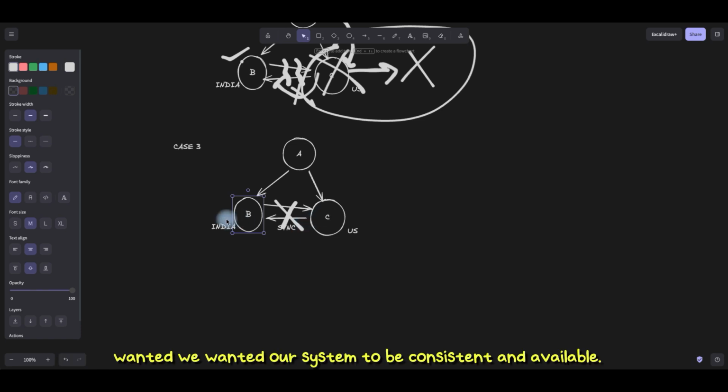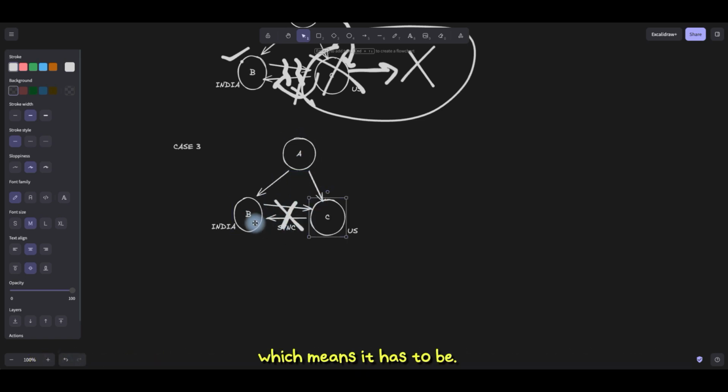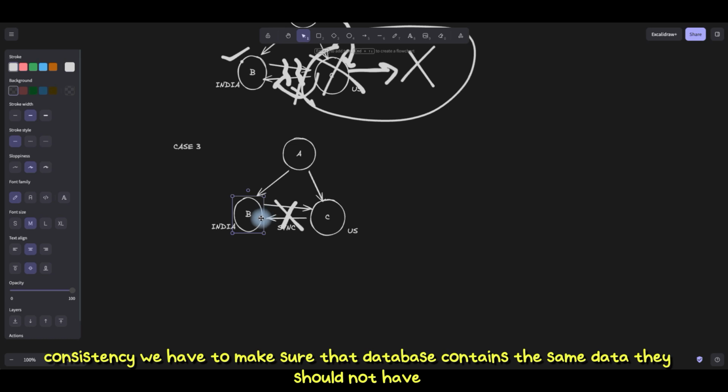What we wanted was our system to be consistent and available. Available means all the nodes should be up. There should be no node which is crashed, which means it has to be available. And for consistency, we have to make sure that the databases contain the same data.